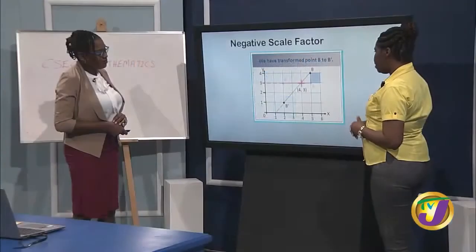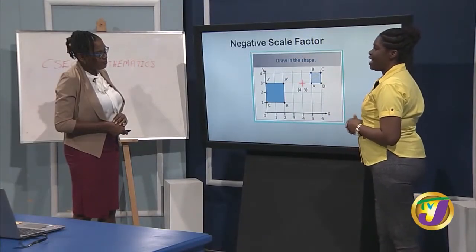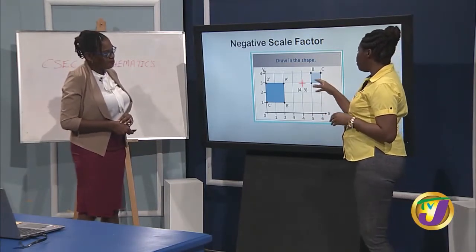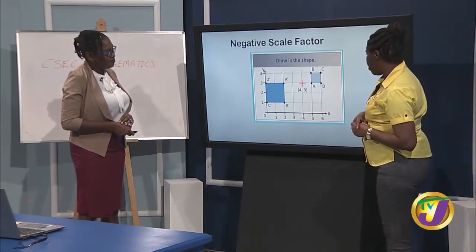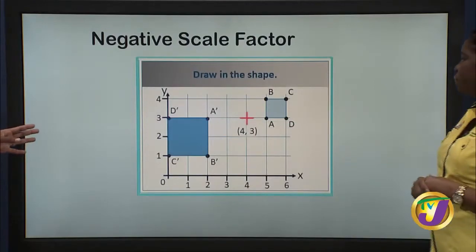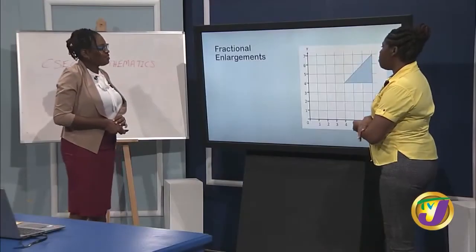We just find the length from a point to a center and then multiply that length by the scale factor, ignoring the negative sign, and measure that distance from the center, and that would give you your image points. This one is a bit hard to identify though, because I can't tell it's upside down unless I look at the label. All right, very good. So just remember that.